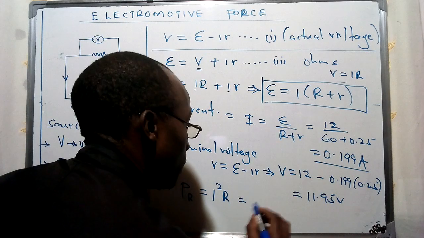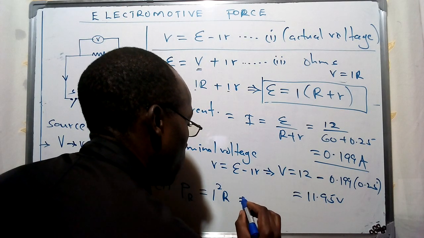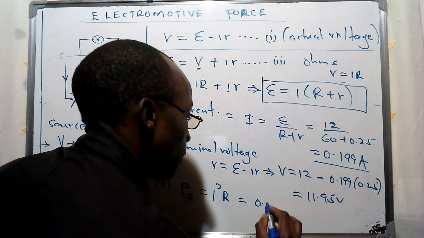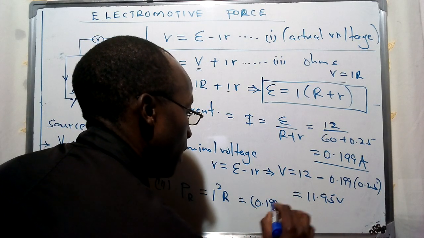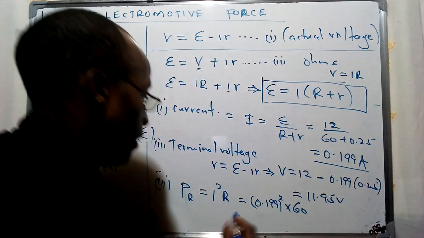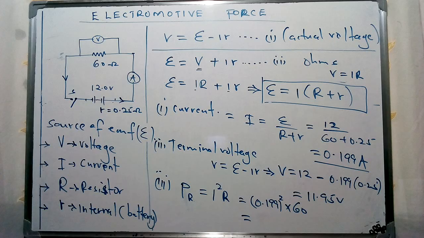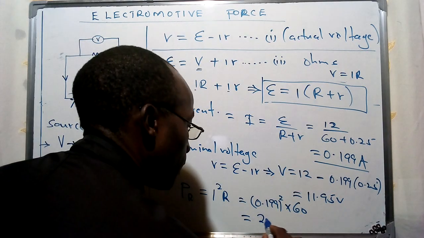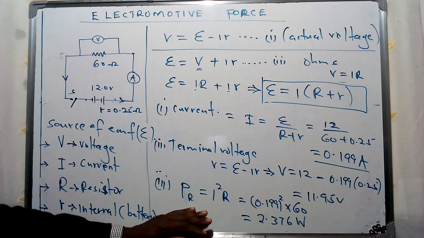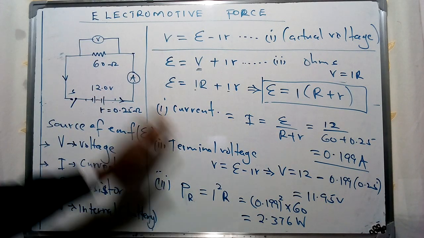We do a substitution for the current, which is 0.199, the square of this times 60 ohms, and this gives us power in watts, which is 2.376 watts. So this is the power dissipated in the resistor R.